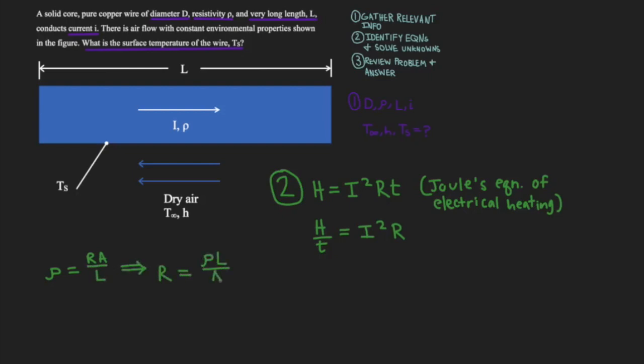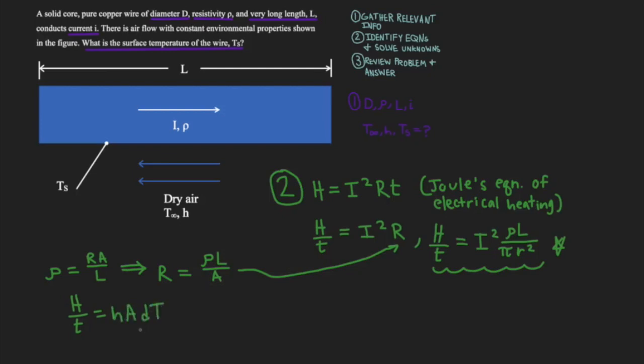And if you look up resistivity, you're going to find that resistivity is equal to resistance times area over length. Solving for resistance, you get that resistance equals resistivity times length over cross-sectional area. You can plug that into your heating per time equation and find that our internal energy generation heating per time is equal to current squared times resistivity times length over pi r squared, which is our cross-sectional area.